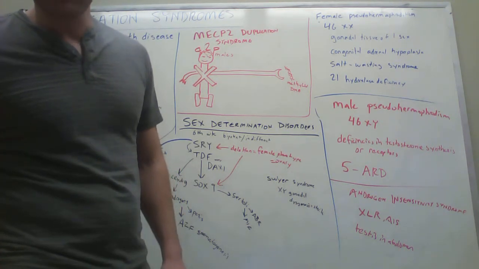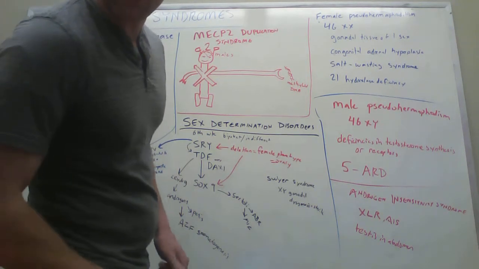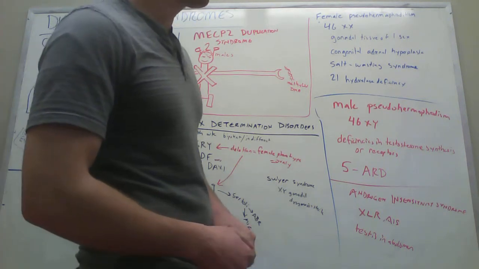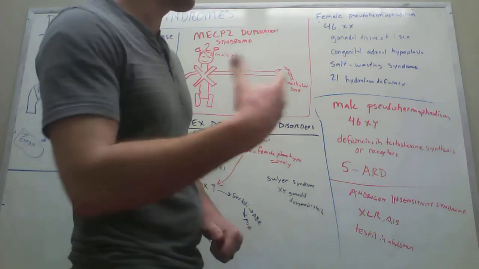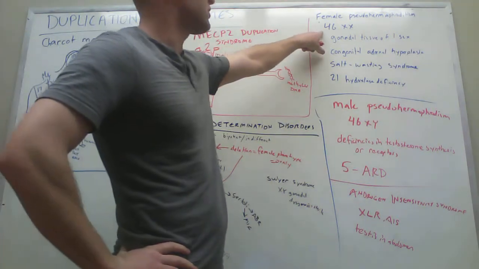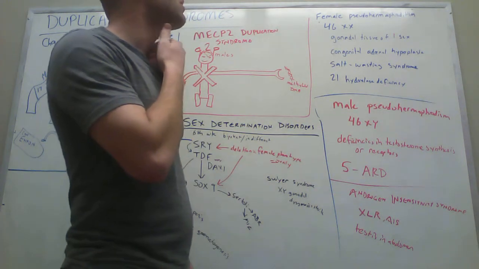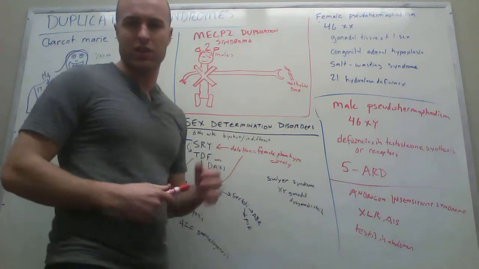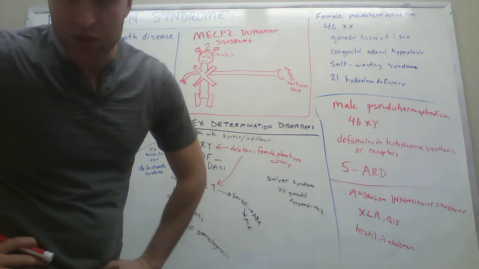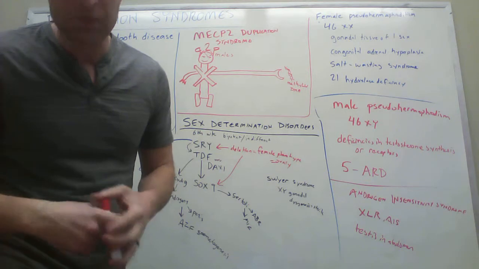Okay. Next, what we have here is a little bit about pseudo-hermaphroditism. So in this case, we're going to talk about the female one first. This is somebody who has 46 chromosomes, XX chromosomes, but in this condition, they only have the gonadal tissue of one sex that matches the karyotype.